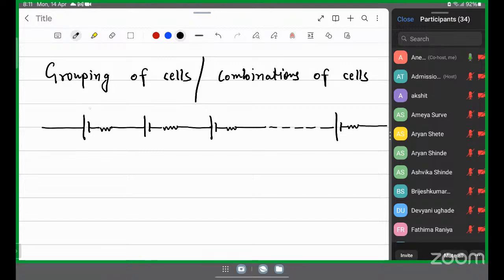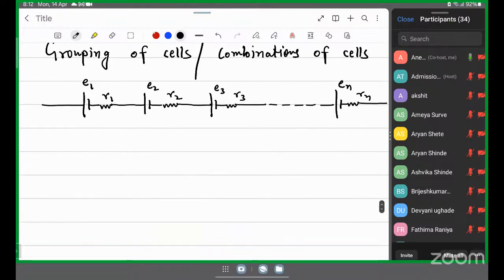So let's say its EMF is E1, internal resistance R1, its EMF is E2, internal resistance R2, E3 R3, and finally En Rn.